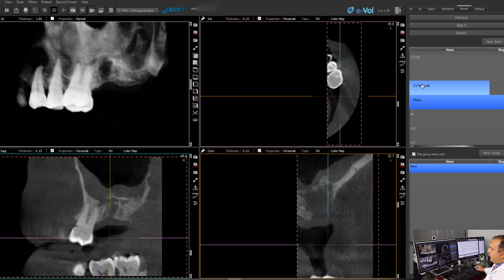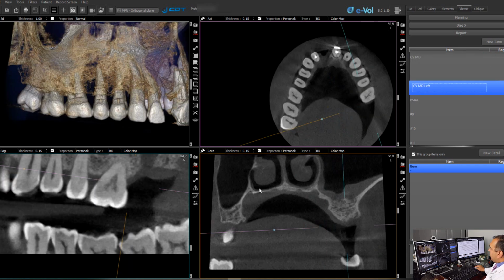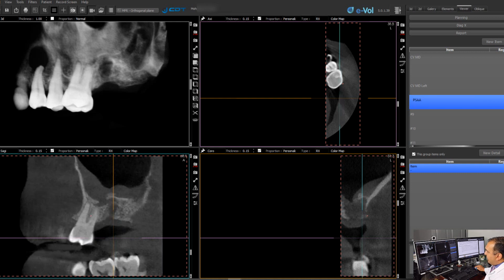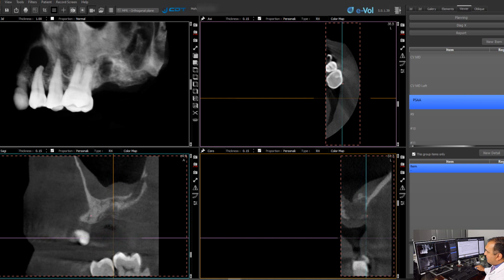as we continue to evaluate this volume, let's take a look at the left posterior maxilla. There, you will see that the posterior superior alveolar artery is actually enlarged and has an intimate relationship with the extraction socket that happened in the area of the second molar.